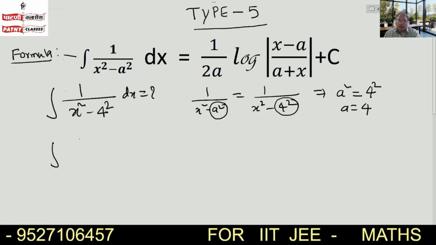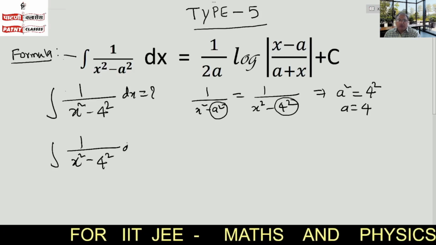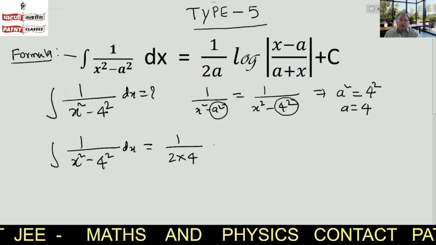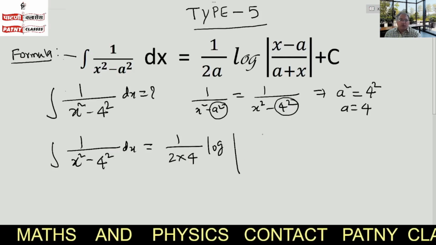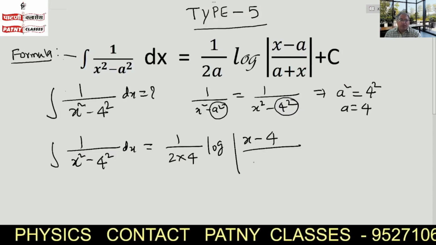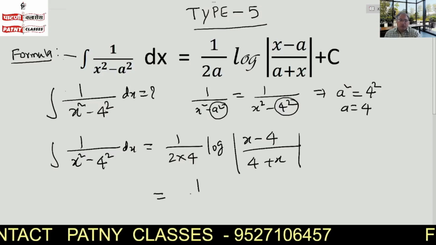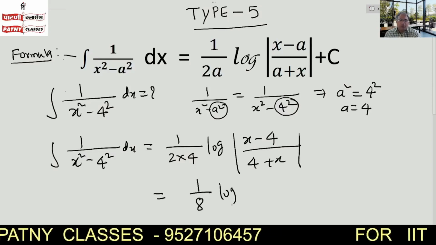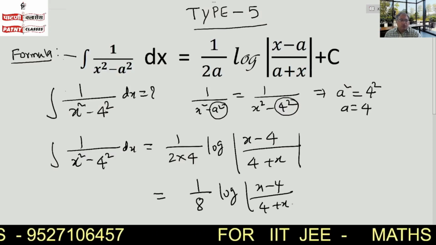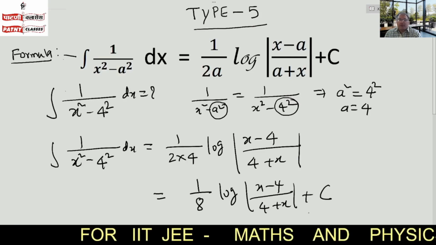Now we think about the formula. Because it is already in standard form, I can directly apply the formula: 1 upon 2a, that is 2 into 4, log of modulus of x minus a, x minus 4, upon a plus x, that is 4 plus x, equals 1 upon 8 log of modulus of x minus 4 upon 4 plus x plus c. This is the required solution of the given problem.